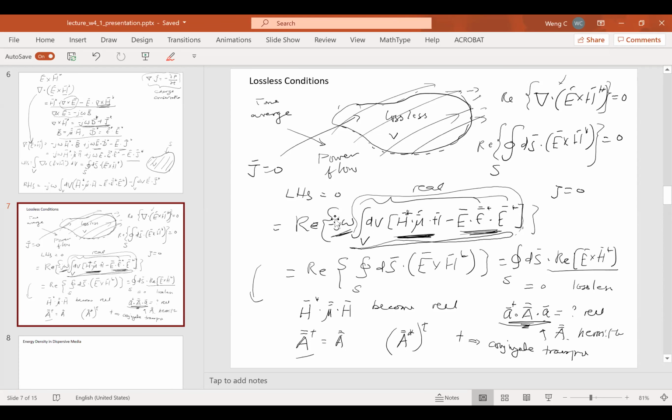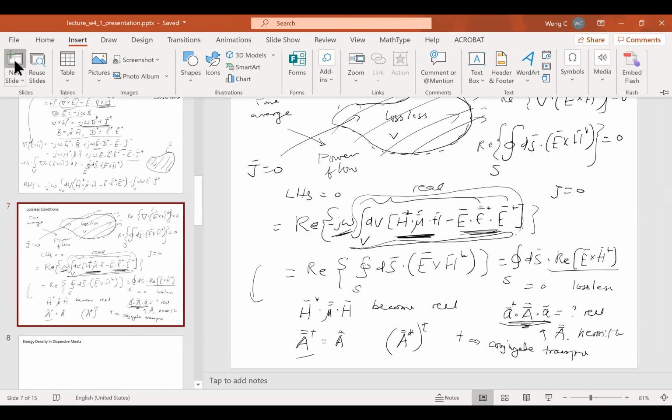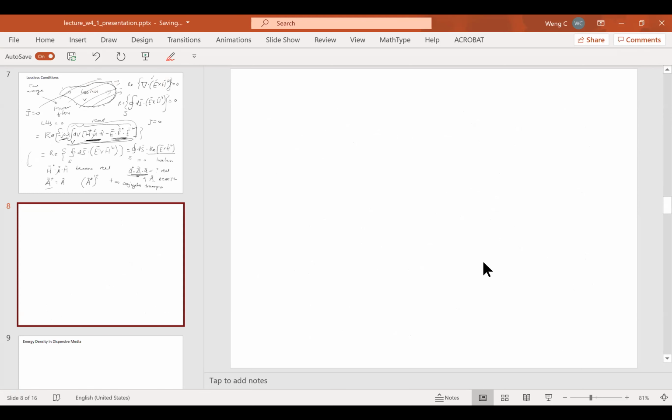This ensures that it is pure imaginary, and when you take the real part of it, you always have a lossless medium. So the take-home message is that if mu equals mu Hermitian conjugate and epsilon equals epsilon Hermitian conjugate, then we have a lossless medium.